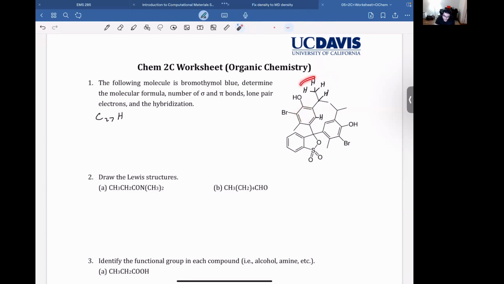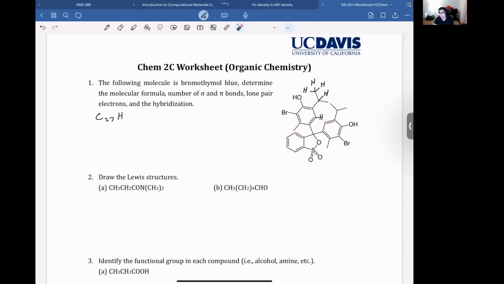So counting these, we have 3, 6, 9, 12, 15, 18 from all the methyl groups, 19, 20. I think those are the only carbons with the 2 methyls. Yeah, so we're at 20, 21, 22, 23, 24, 25, 26.